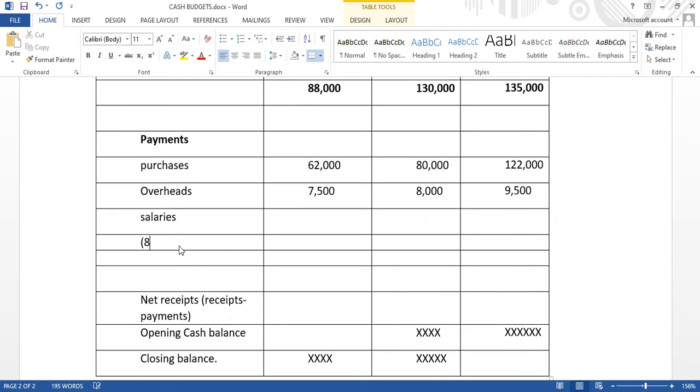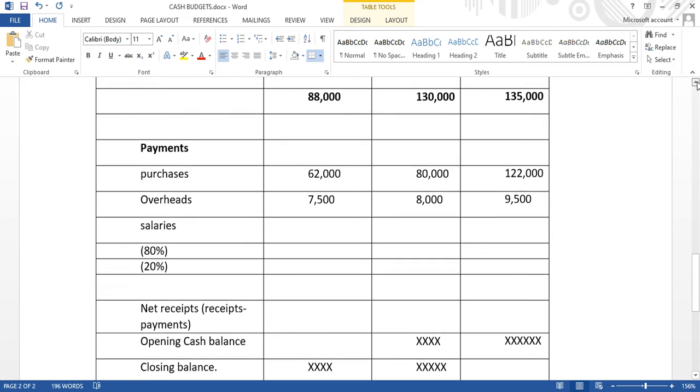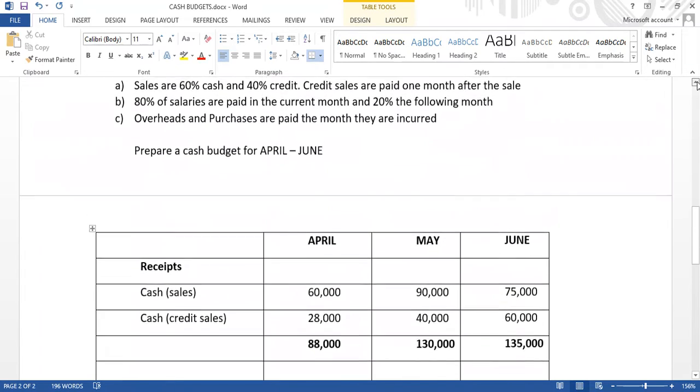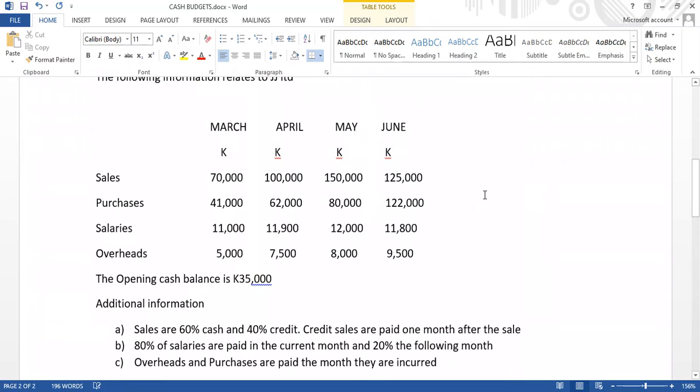Say 80% is paid in the current month, and then the other 20% is paid in the following month. So we come to April.